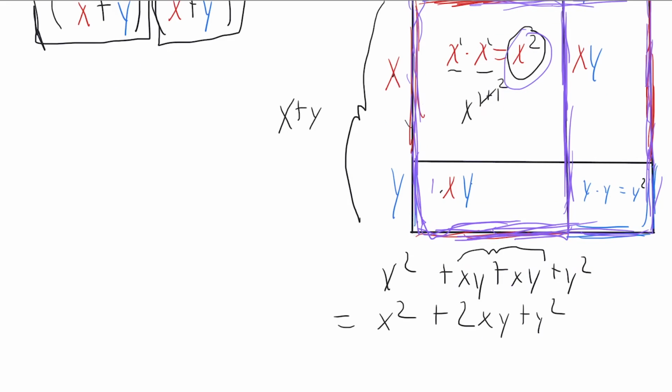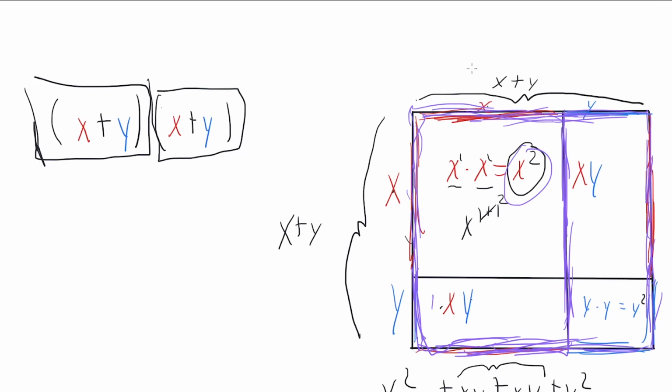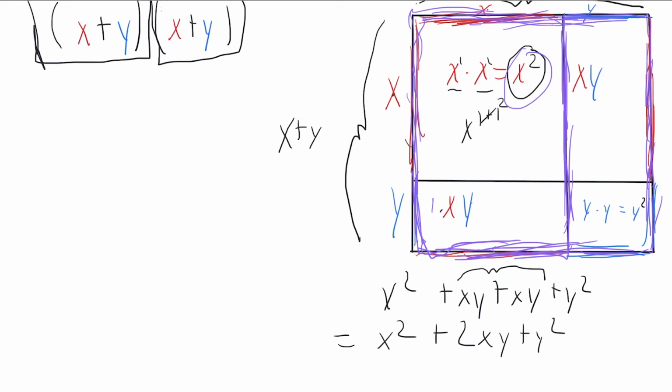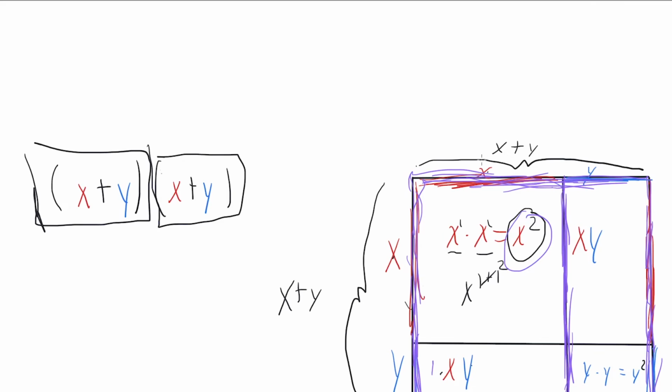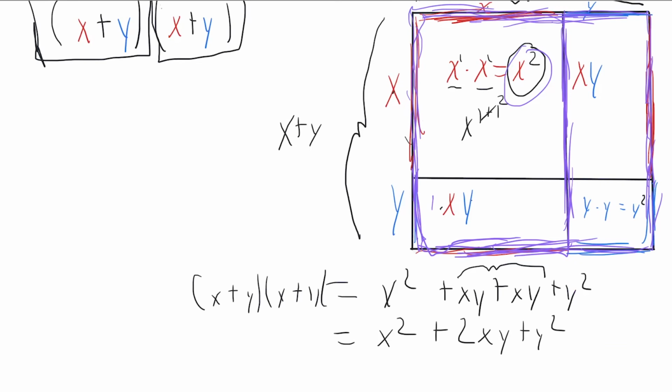And that is the total area of this square. And we also know that the area of this square is x plus y times x plus y, because we have each side length equal to x plus y. So this is how you would distribute geometrically.